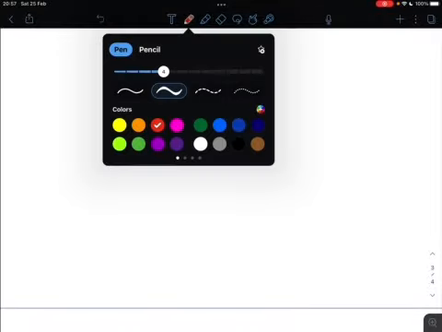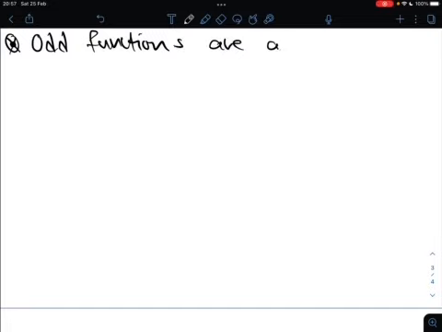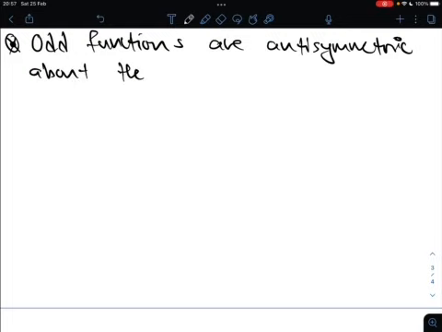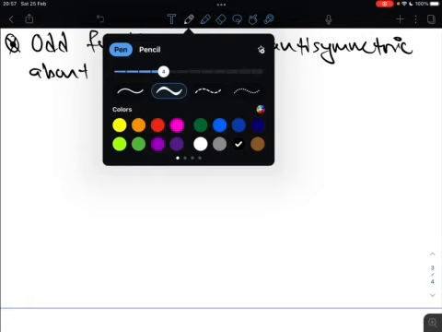Then when it comes to odd functions, odd functions are antisymmetric about the y-axis. They have a skew symmetry about the y-axis. But what do we mean by that?